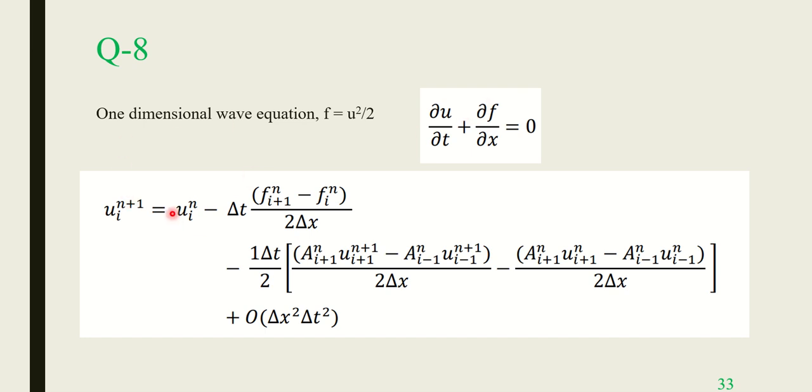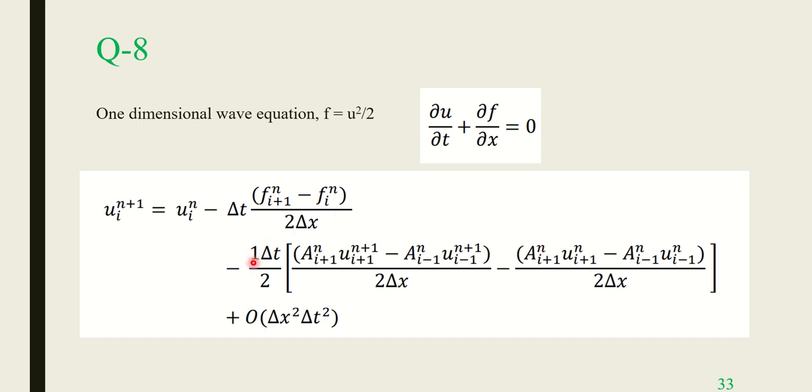And the solution, when we are using the Beam Warming scheme, is given by u i at the n plus 1th time step is equal to u i at the nth time step minus delta t into (f i plus 1 at nth time step minus f i at nth time step) by 2 delta x, minus delta t by 2 times (a i plus 1 at n times u i plus 1 at n plus 1th time step minus a i minus 1 at nth time step u i minus 1 at n plus 1th time step) by 2 delta x, minus (a i plus 1 at nth time step times u i plus 1 at nth time step minus a i minus 1 at nth time step u i minus 1 at nth time step) divided by 2 delta x.